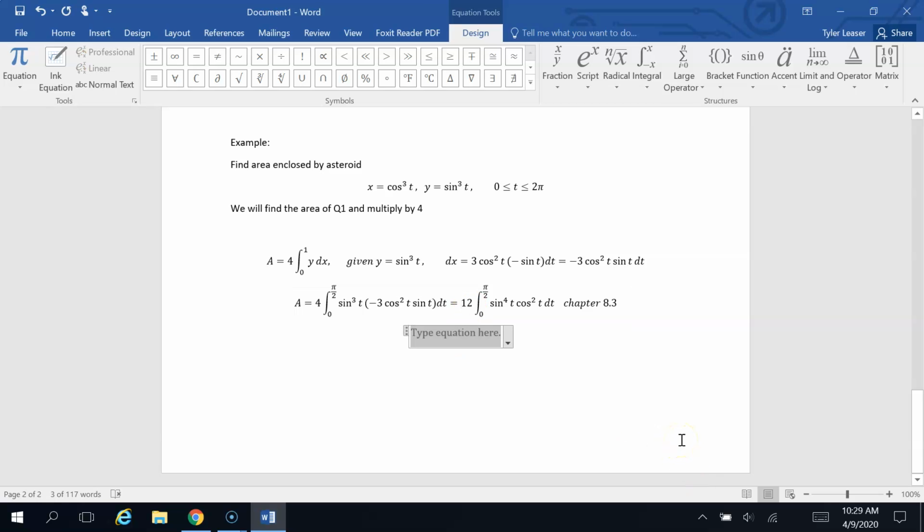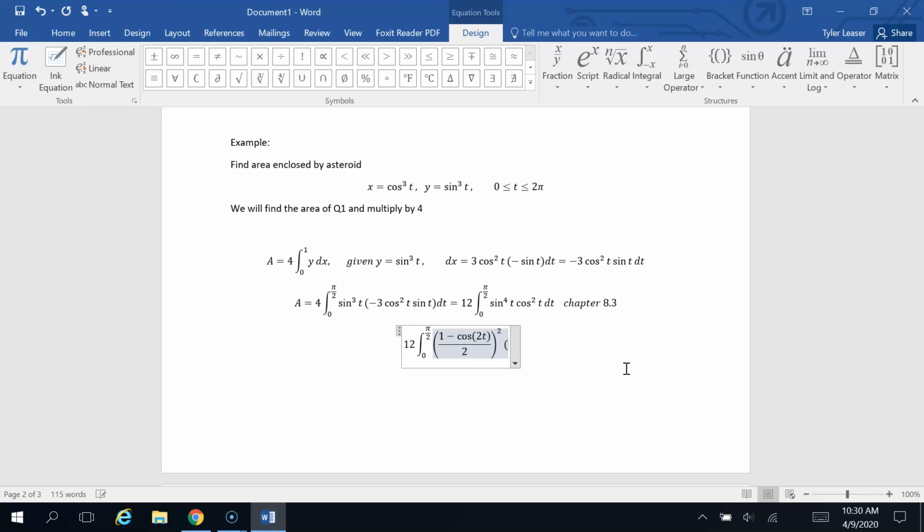So here we go. We're going to do this integral. So the 12 stays. We're still going to have the integral from 0 to pi over 2. And then just like the book did, we're going to think of this as sine to the 4th t, as sine squared all squared. So we're going to substitute that with the identity 1 minus cosine of 2t divided by 2, and that's still going to be squared.